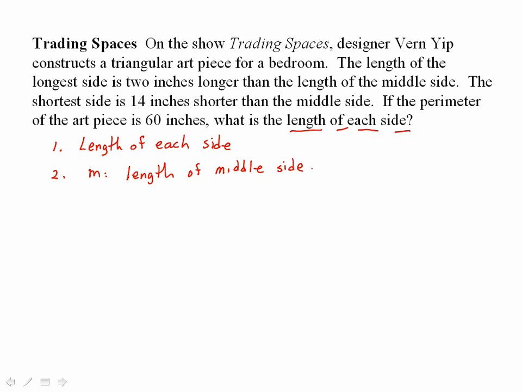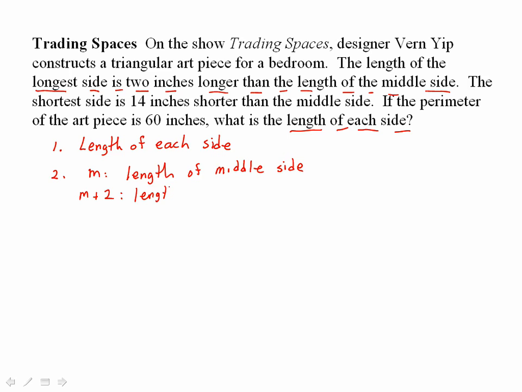We can express the length of the other 2 sides using the length of the middle side. For example, the longest side is 2 inches longer than the length of the middle side. That tells us that the longer side is going to be the length of the middle side plus 2.